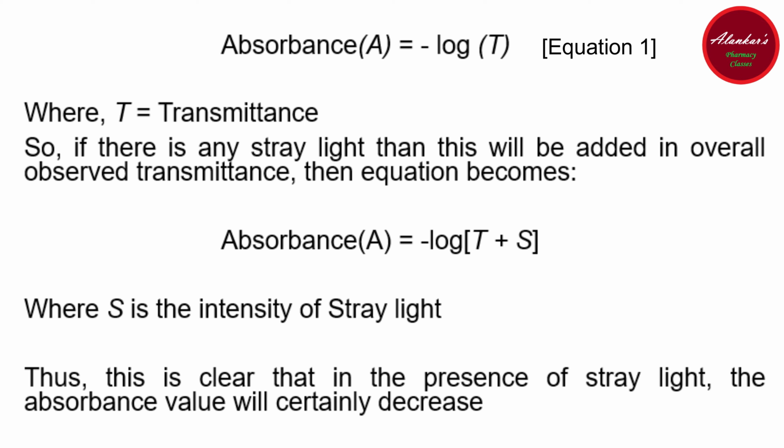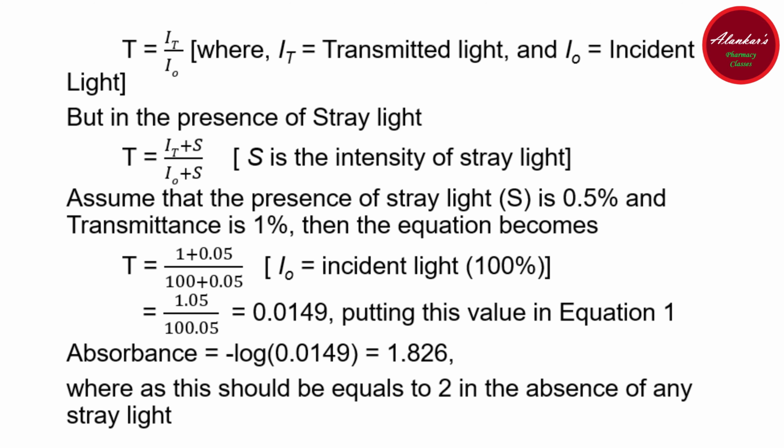Thus it is clear that in the presence of stray light the absorbance value will certainly decrease. Also, the transmittance is equal to the ratio of transmitted light and incident light, represented here by IT and I0.